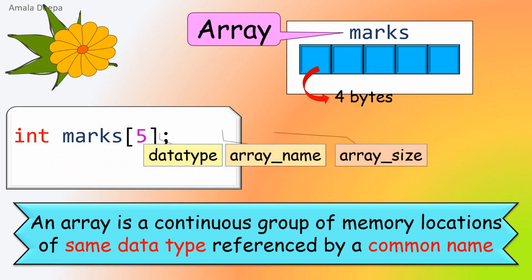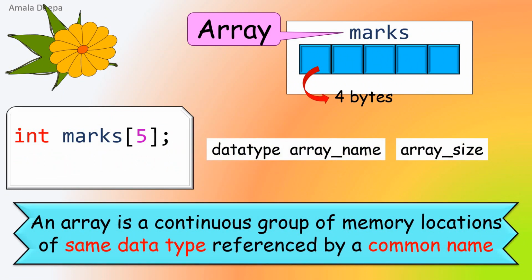So, data type, space, array name, and within square brackets array size, semicolon. This is the syntax for declaring an array.